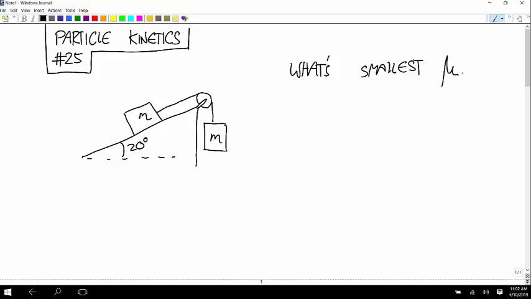So what's the smallest mu sub s? So the blocks would stay at rest. Basically, we're looking for the coefficient of static friction that's exactly at the border between starting to move and staying still.